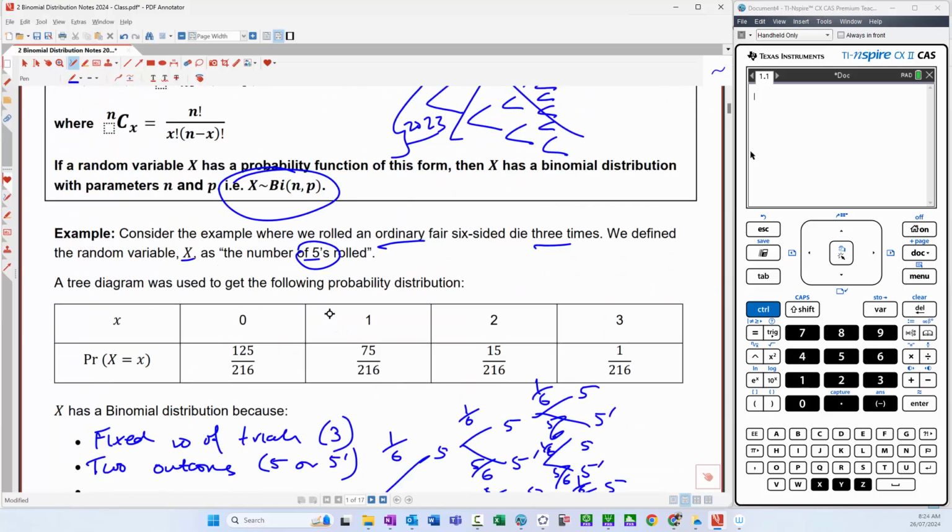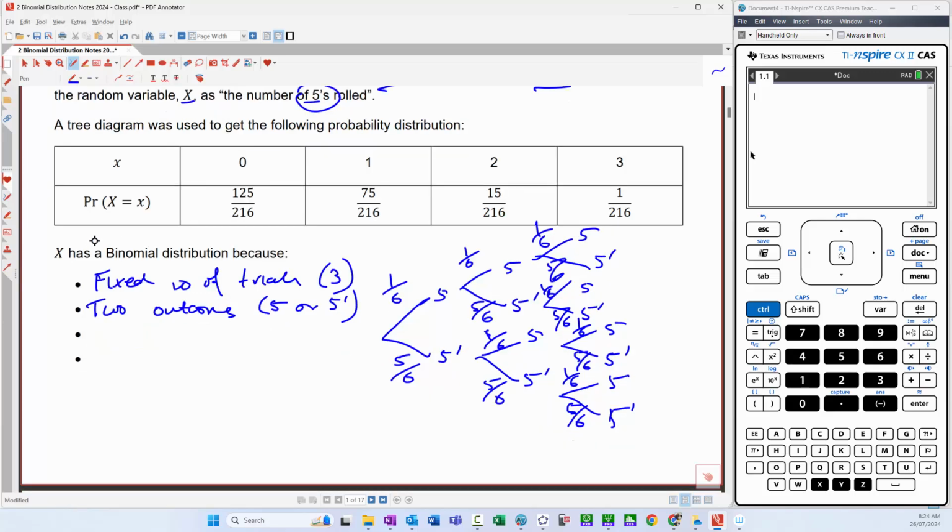The probability of success is constant, which is 1/6. But that also means that the constant probability for fail is 5/6. So the last one therefore means that the trials are independent.